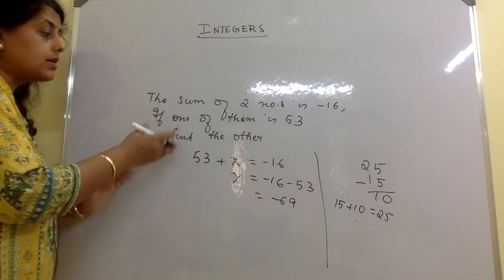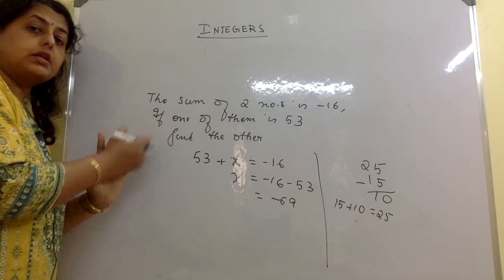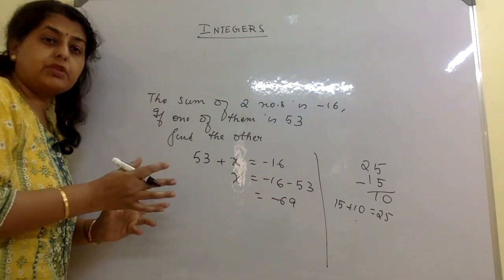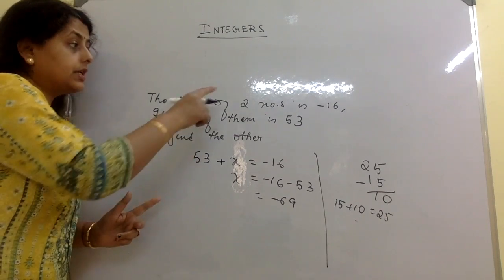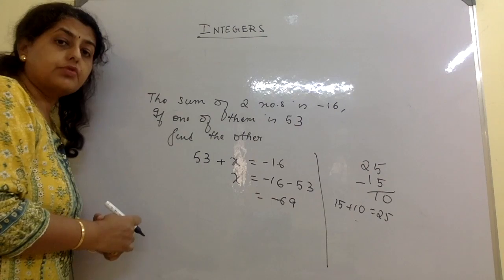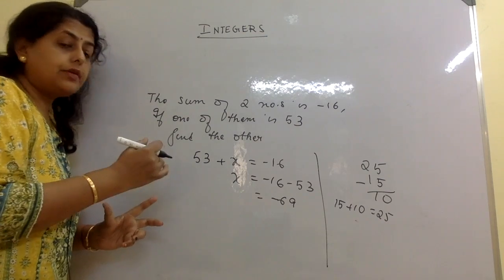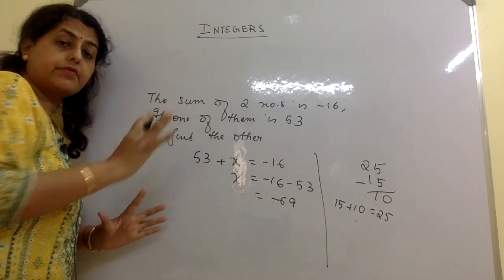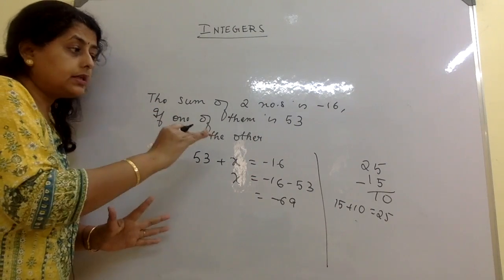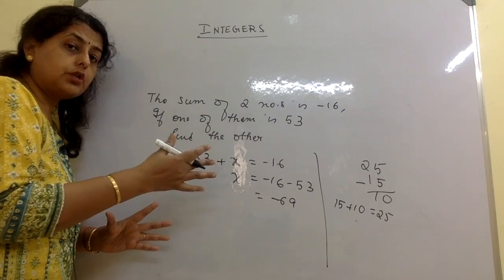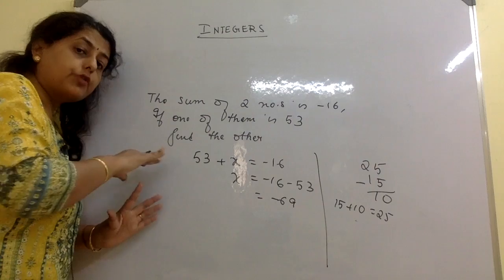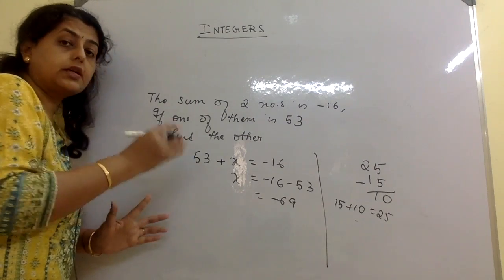So whenever a sum comes like this, where it is becoming a little confusing, especially you will not get confused if they give you positive numbers, but if they give negative numbers like this, you tend to get confused. So you will have to think in terms of a very simple positive example, solve it in your rough, and do exactly the same process in this sum, without being bothered about whether it is negative or positive.